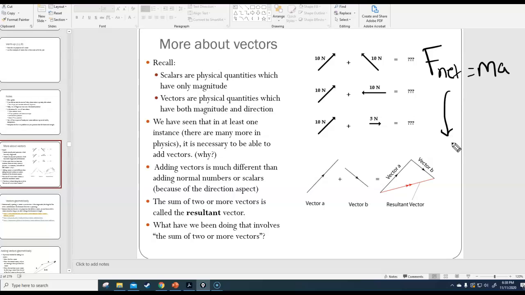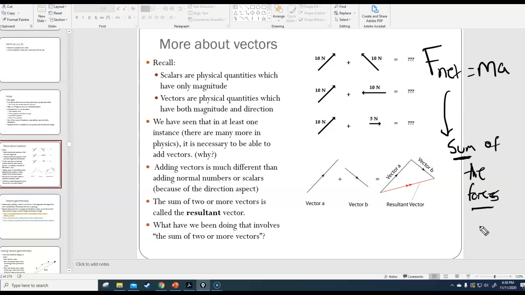But the net force is the sum of the forces acting on an object. Okay, so by definition, that involves adding, because sum means add, forces, and forces are vectors. So we've already seen at least one situation in which it is necessary to be able to add vectors.